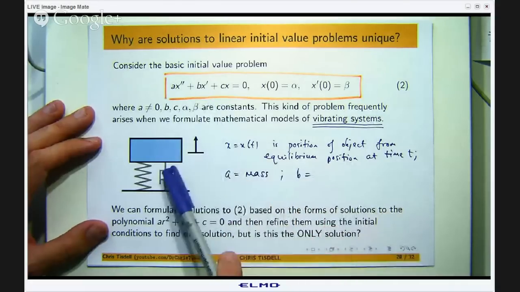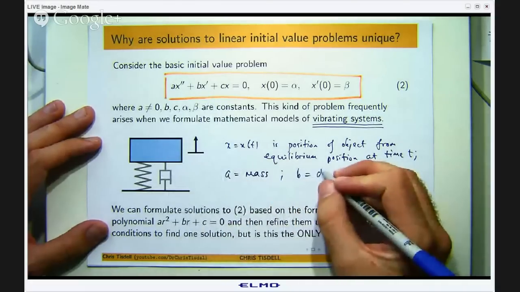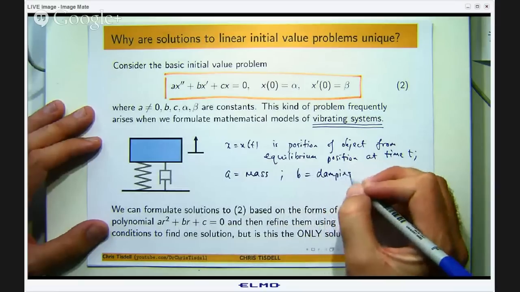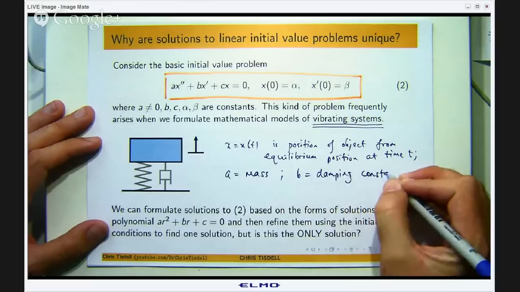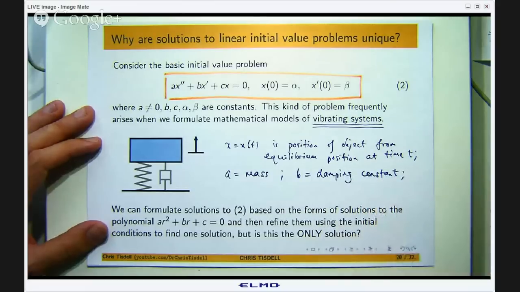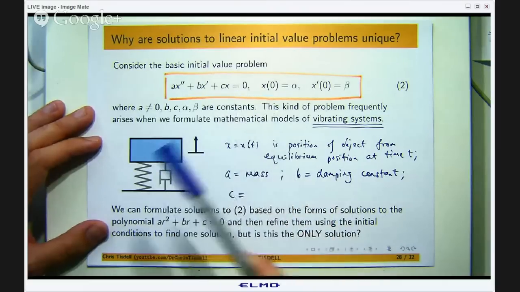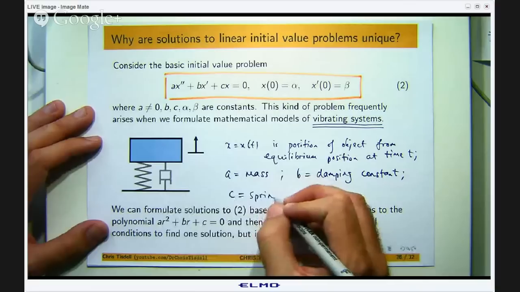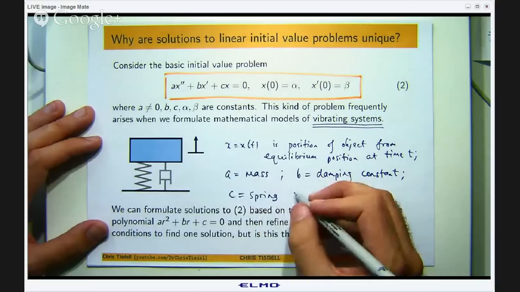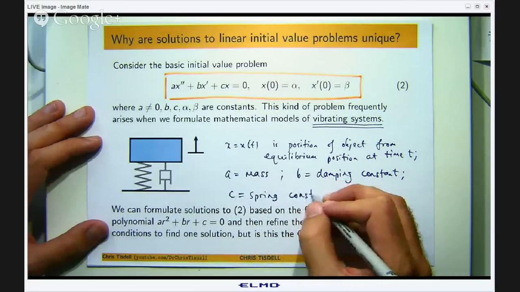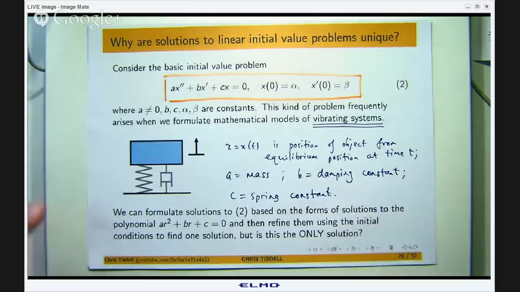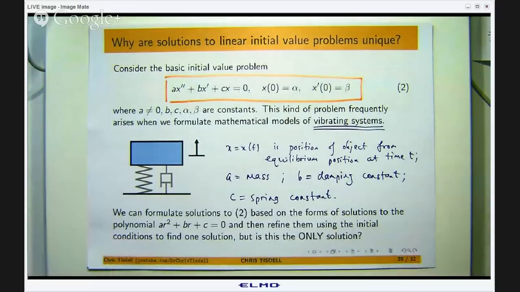B would be some sort of constant associated with the damping, so that the larger B is, the stronger the damping force. And the C here would be the spring constant. So a large value of C means a stiff spring. Okay, so you'd see this kind of problem in, say, a first course in differential equations, or maybe a second course in calculus.